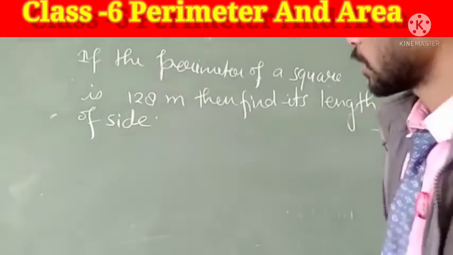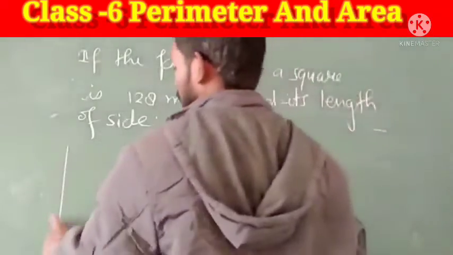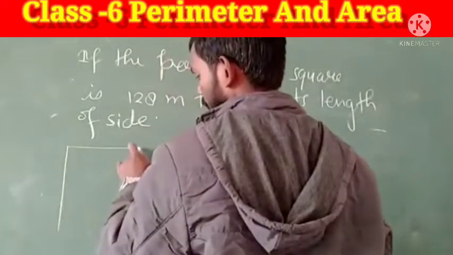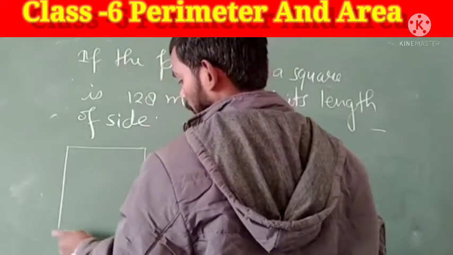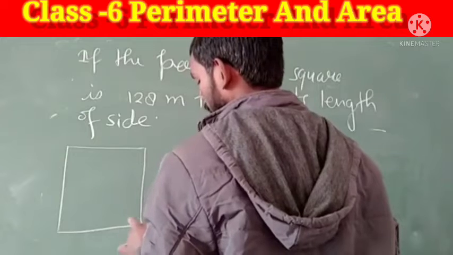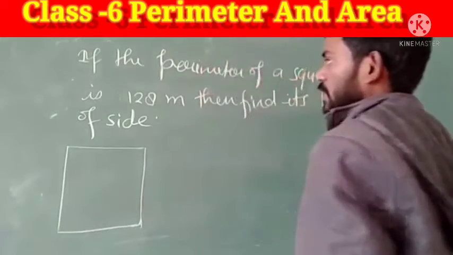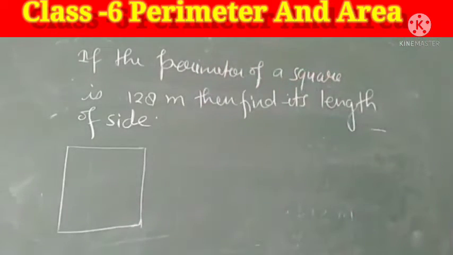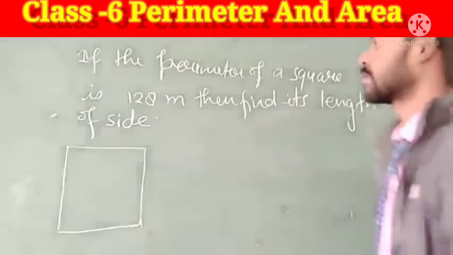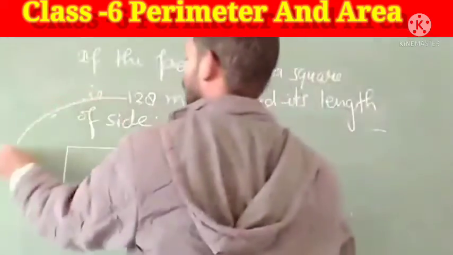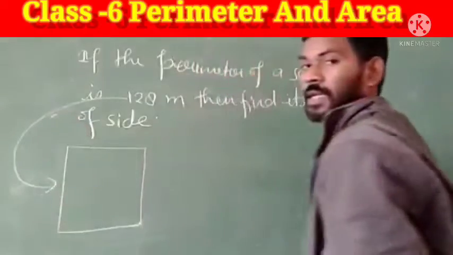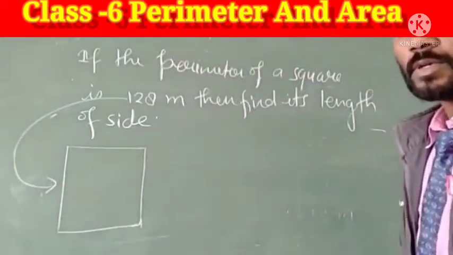So let us see how we form it. First of all, let's understand it with the help of figure. In this figure, we can see a square in which 128 is given as its perimeter.